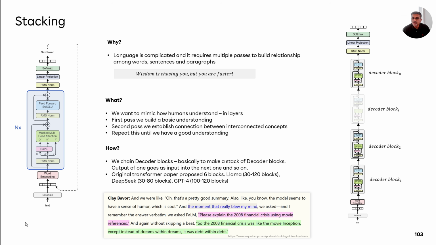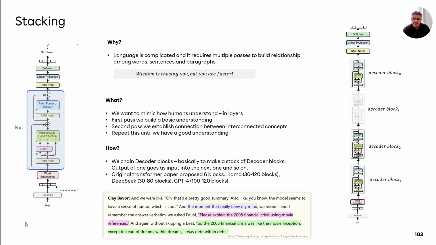That the language model, just by looking at sentences, could build a level of understanding of different concepts at this level, that it could take something it has learned from maybe scanning the script of the movie Inception and what it has learned from looking at all the documents related to the 2008 financial crisis. It's able to make these connections, and all of that is because of all these layers that we have in the transformer architecture.